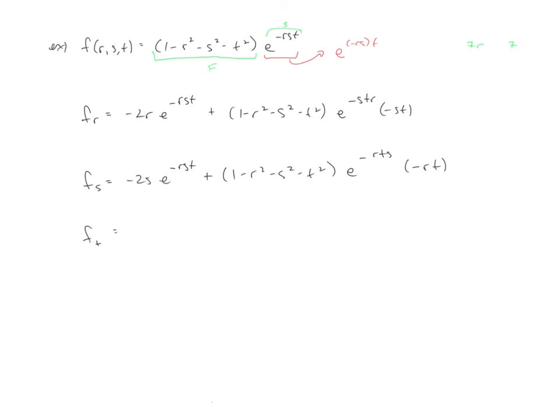Derivative of the first with respect to t would be a negative 2t, e to the negative rst, and then we've got 1 minus r squared minus s squared minus t squared. Write it down. And then the derivative of the inside with respect to t would be a negative rs. So again, choosing an example with a lot of different variables, I think, makes it easier to emphasize how to treat things like constants and when to use the correct form of the derivative.